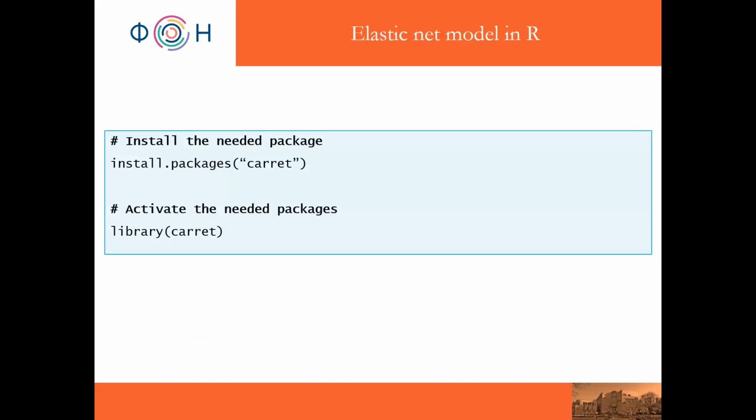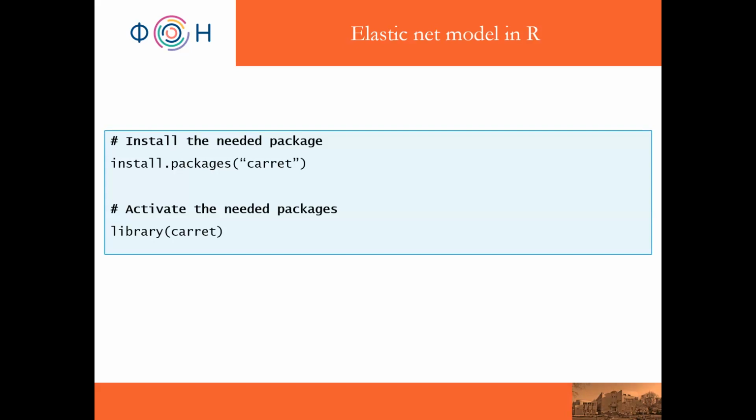the part. If we are interested in using the elastic net model in R, we would be needing an additional package, the package Caret. So we would need to install the package and activate it if we want to create an elastic net model. We said that an elastic net model is in fact a combination between Lasso and Ridge regression.